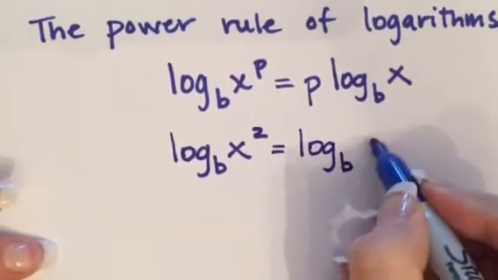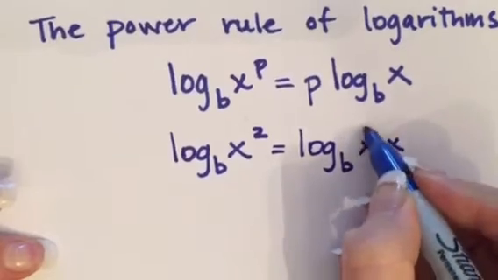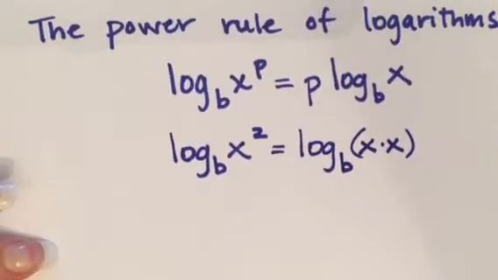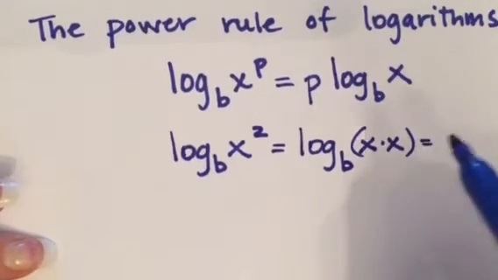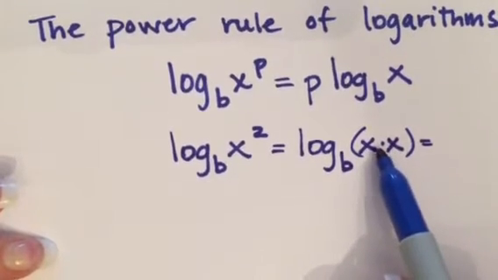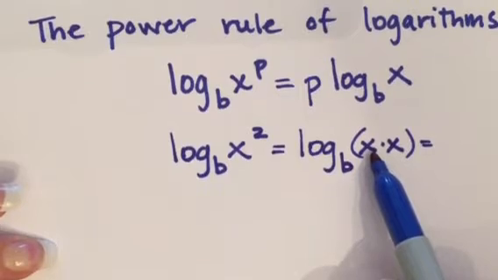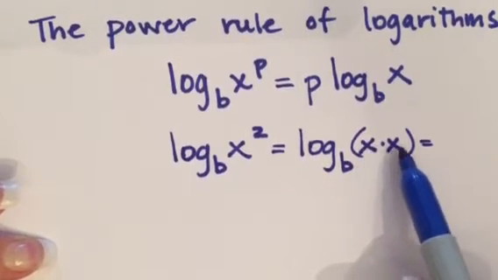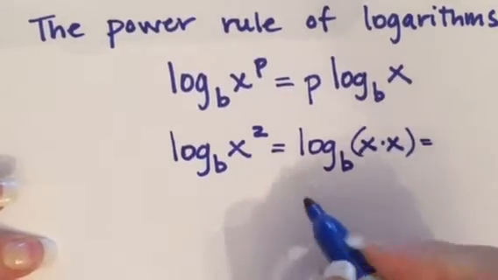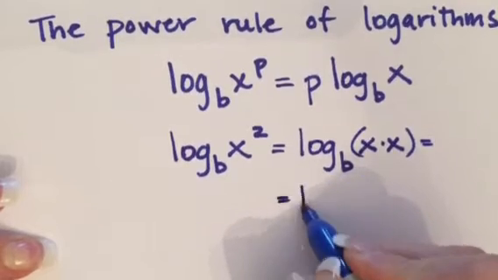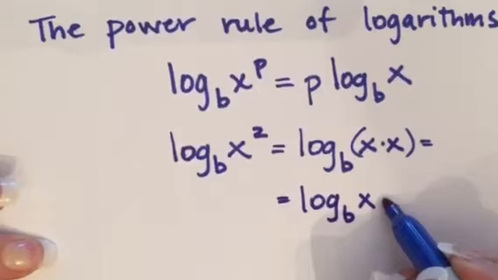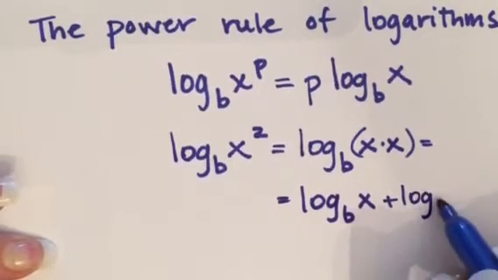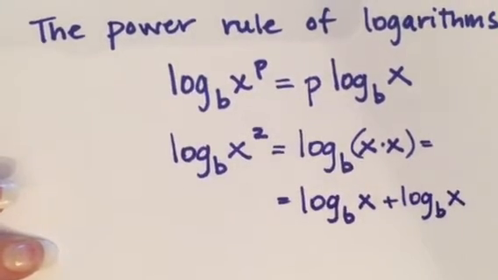Log base b of x times x. All right. And then recall from what we know about the product rule that if I have a product, I can separate it into 2 logarithms that we sum. So this would be log base b of x plus log base b of x.